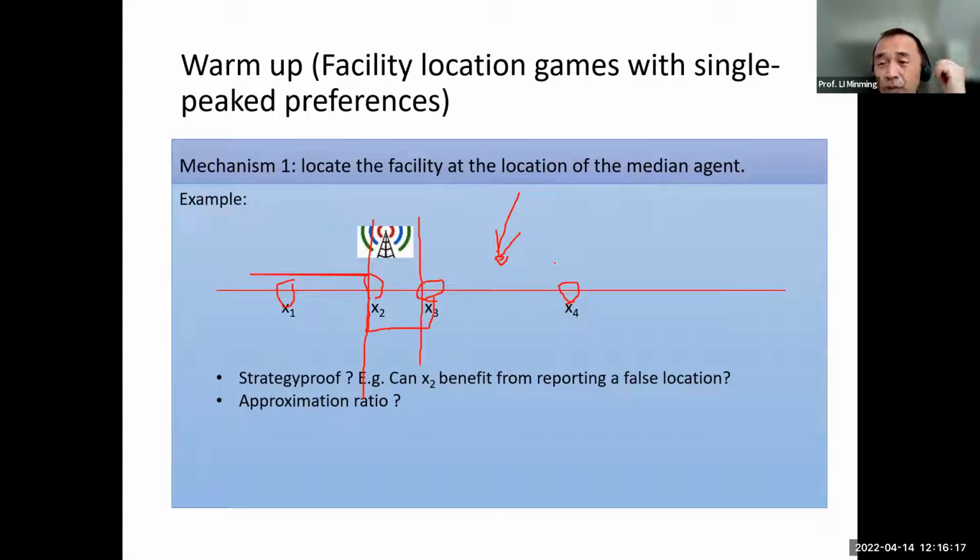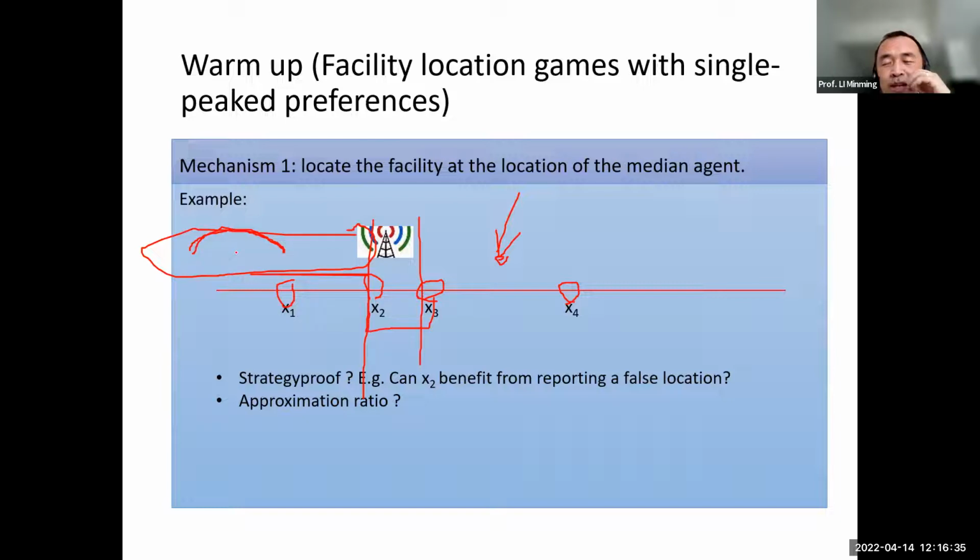That's very, very good. Now, how about people on the left of X2? So let's look at this range. People here. So these people, you can imagine if they misreport. If you misreport to be still within this range, then they will not change the output because the middle agents didn't change, right?